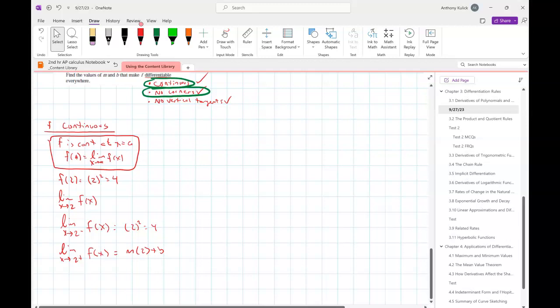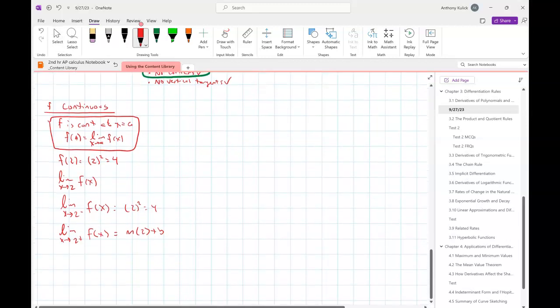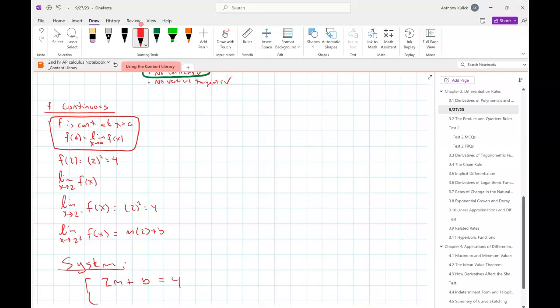So for us to be continuous, one of the equations in my system has to be 2m plus b equals 4. Everybody's good with that? So I'll have continuity if 2m plus b is 4, because then my definition of continuity applies. Everybody good with that? Okay.